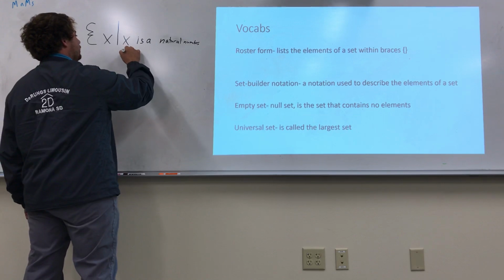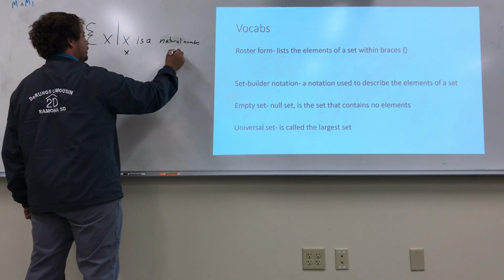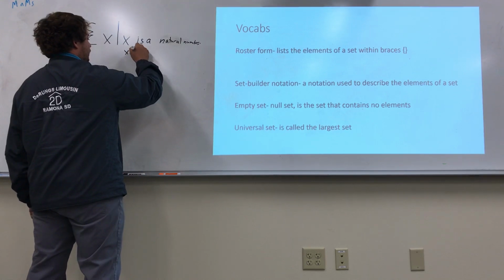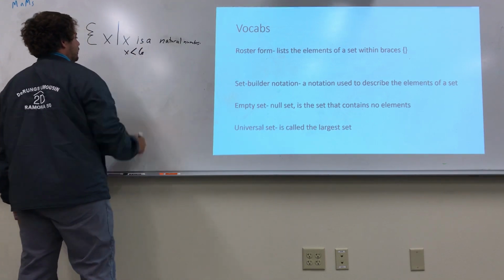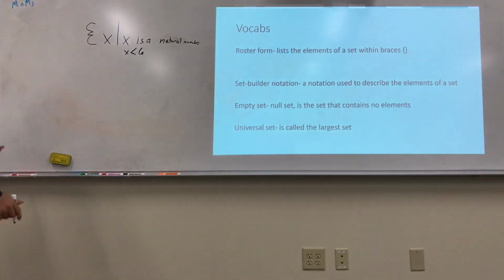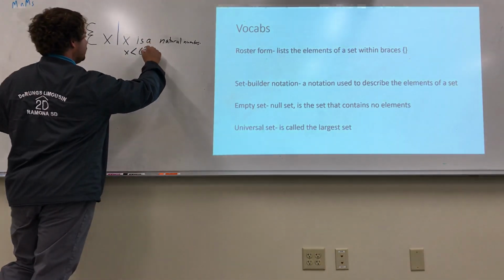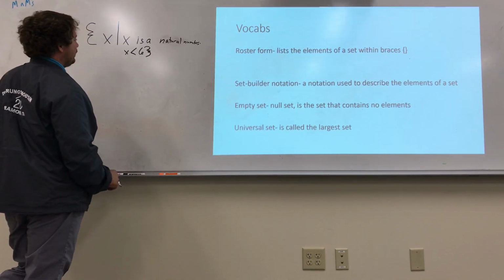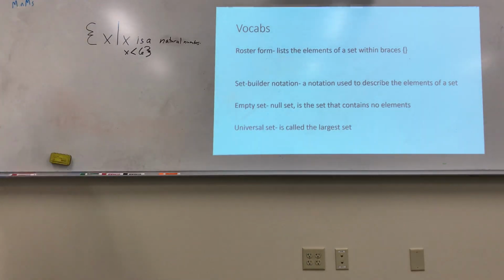And x, semicolon, x is less than 6. And then my bracket again. So it basically tells you everything the sentence tells you, not completely in just words, but in general.